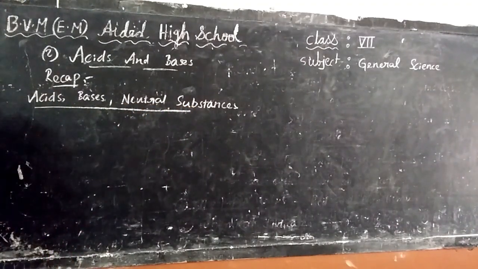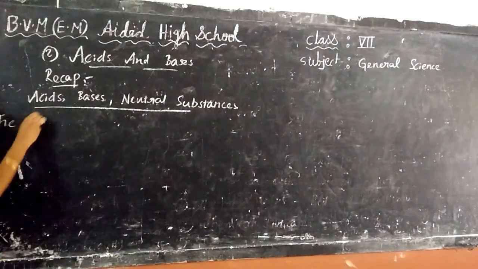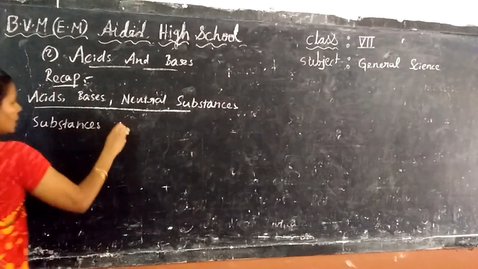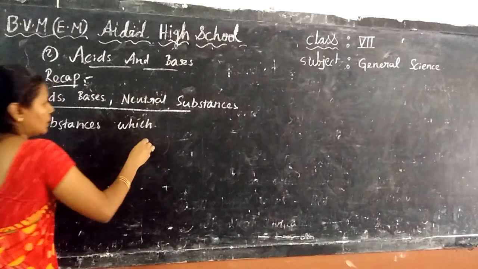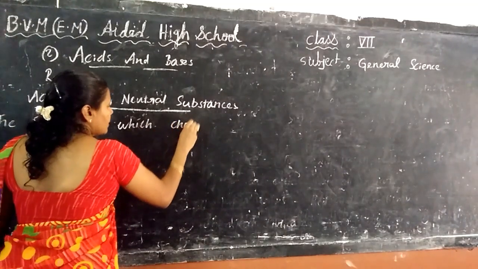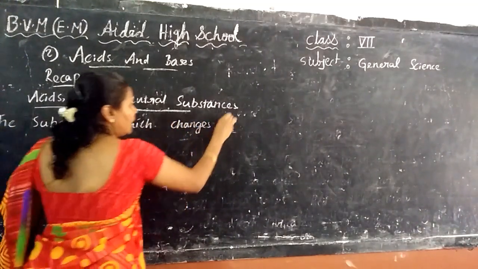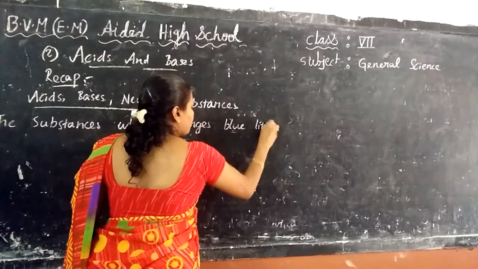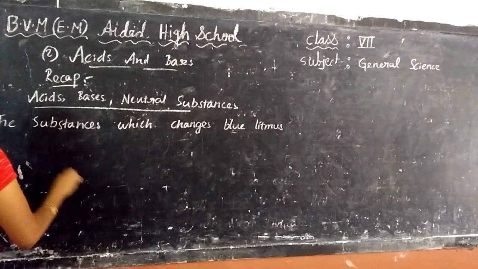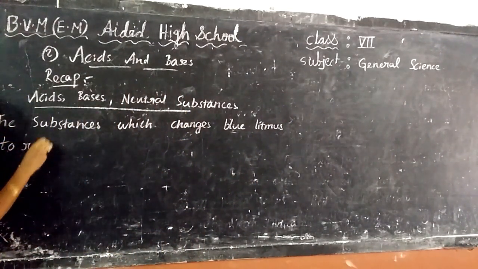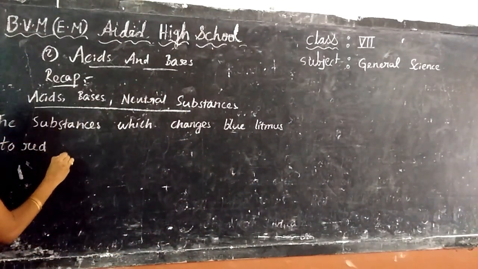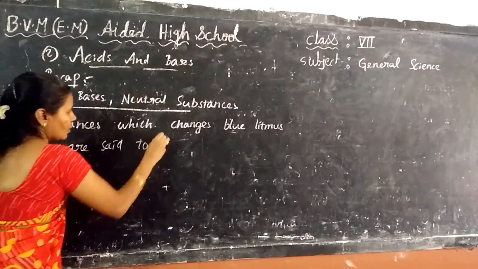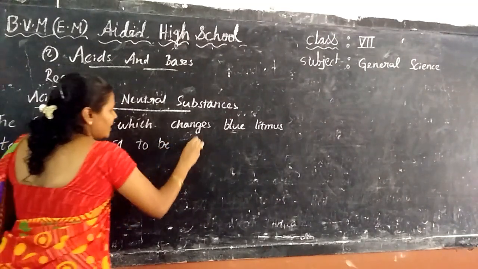So the first type is the substances which change blue litmus to red litmus. Those types of substances are said to be acidic in nature.